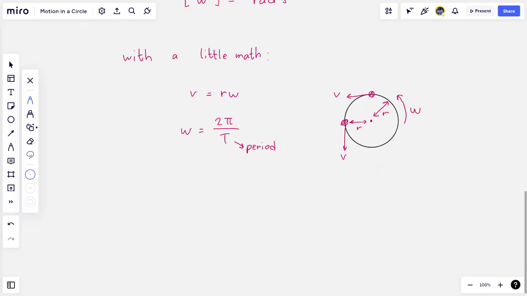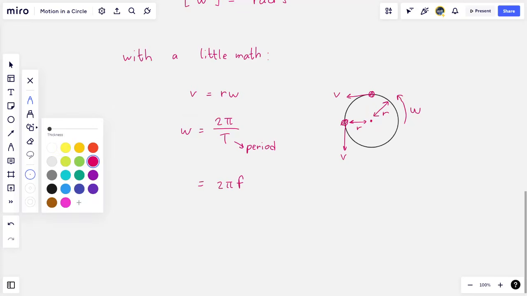The time it takes for one complete oscillation, if you will, if you remember the topic of oscillations. And so omega is 2 pi over T, or 2 pi f, where frequency is the number of revolutions, or the number of radians I'm covering every second. So how many revolutions am I doing every second around the circle? And so this is the analogy here with the topic of waves and oscillations.